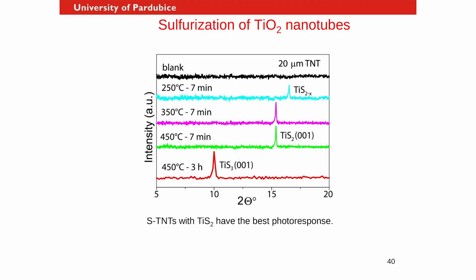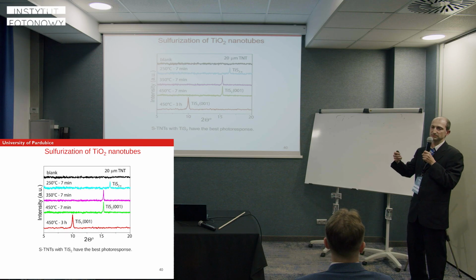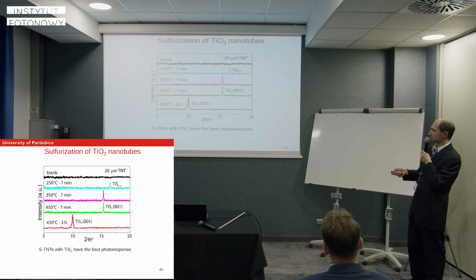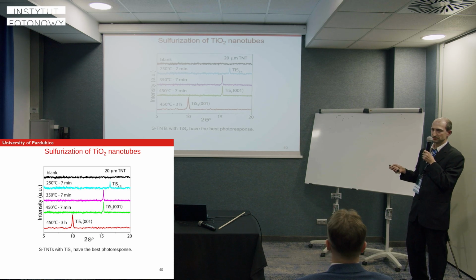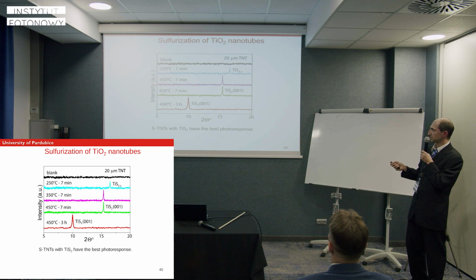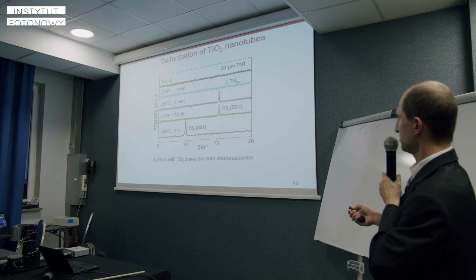And here, I wanted to know why, what's the origin, what is the best structure on the tubes from the crystalline point of view. So in this range of 2 theta, titanium doesn't have any crystalline feature, any reflection. If you sulfurize at 250 degrees for 7 minutes, here's one feature.